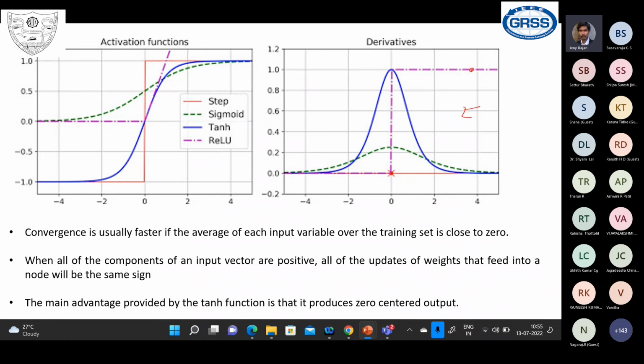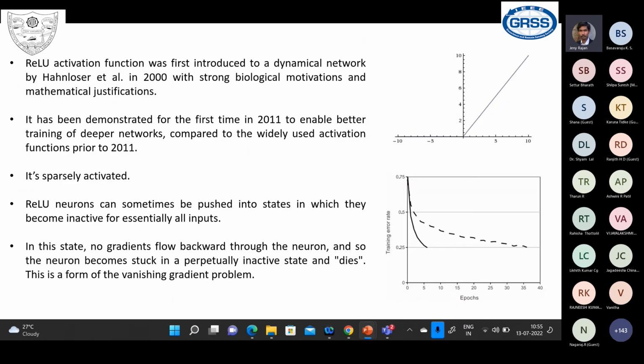This is the derivative of ReLU. You can see that the derivative of ReLU is higher than the derivative of sigmoid or TANH. So if you use ReLU as an activation function in your neuron, then your model will learn much faster when compared to TANH neurons or sigmoid neurons. So here you can see an experiment described in the AlexNet paper. They did an experiment with this CIFAR data, I think.